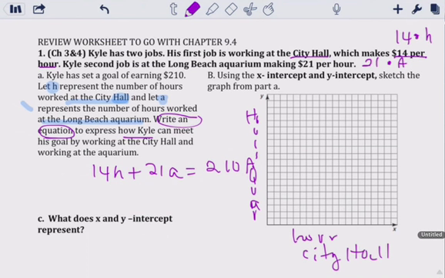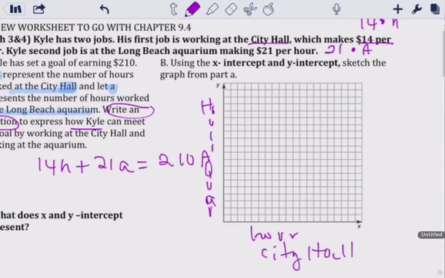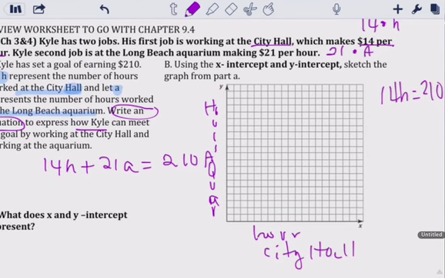Or you can switch these numbers around. So if you solved for 14H equals 210, that answer, that's for City Hall, that's the x-intercept. That's how much you need to work at City Hall to make $210. But you work 0 hours at the aquarium.